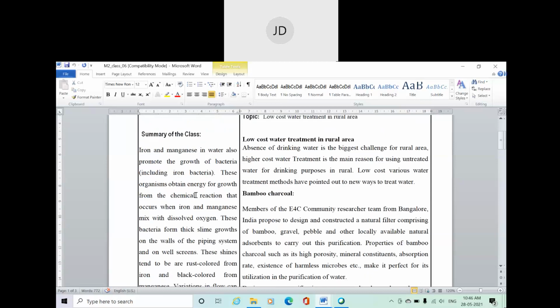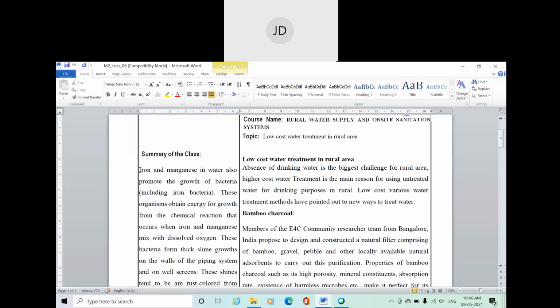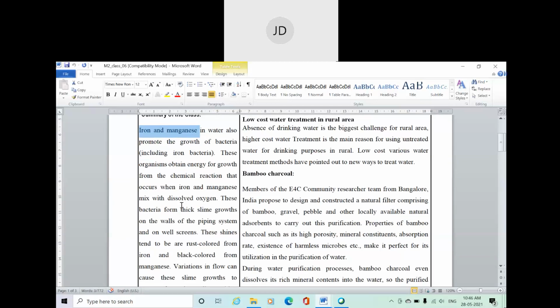That means due to the process of the water treatment plant, somehow the amount of iron and manganese may increase in purified water. But if the amount of iron and manganese crosses the limit, then they may clog the distribution pipe. Okay.